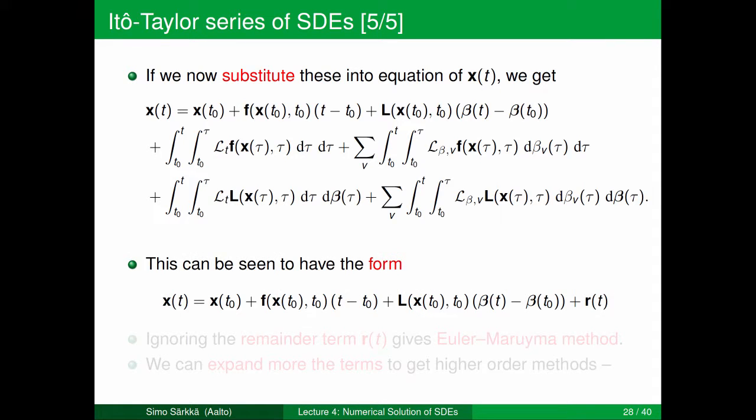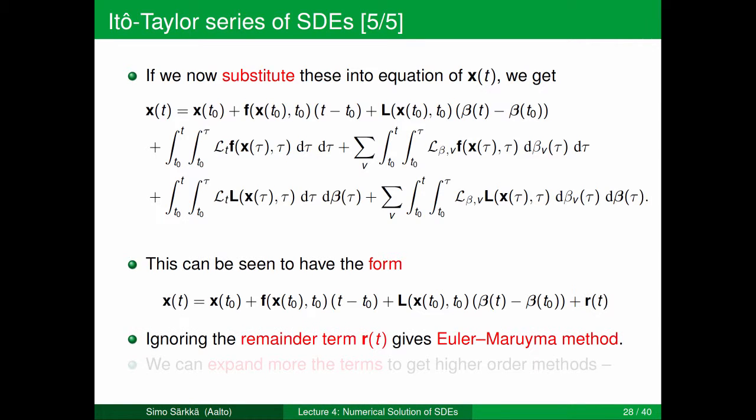This equation now can be seen to have this form. So x(t) is equal to x(t0) plus f(x(t0), t0) times (t − t0) plus L(x(t0), t0) times β(t) − β(t0) plus r, where this r is a remainder term, which contains all the integrals here.